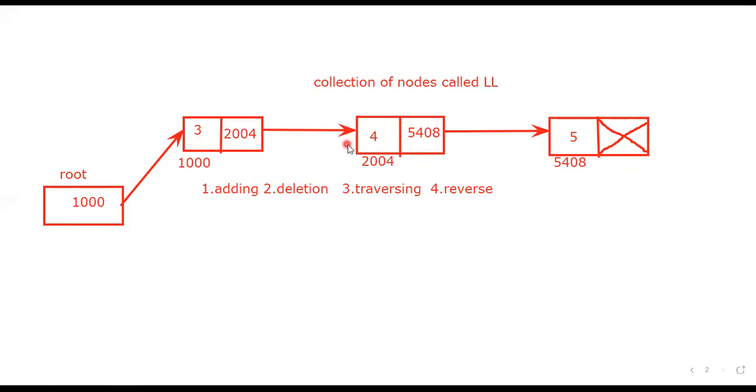That means in between 3 and 4. Next one, after 4, before 5, same. That means in the middle of 4 and 5. Either we can insert in between 4 and 5 or 3 and 4. That is another case. Beginning, ending, middle. These are the cases.